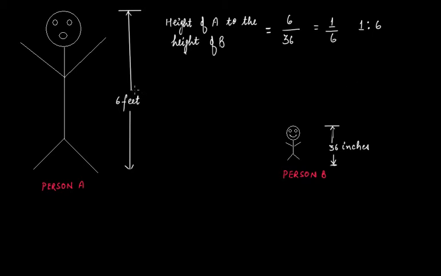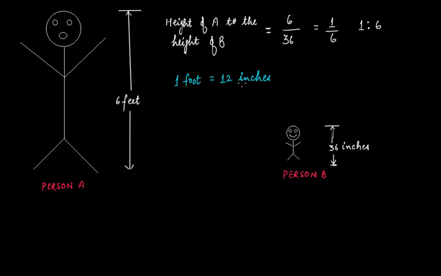If we look at this unit, this is 6 feet. And if you look at this unit, it is inches. We know that 1 foot is equal to 12 inches, right?